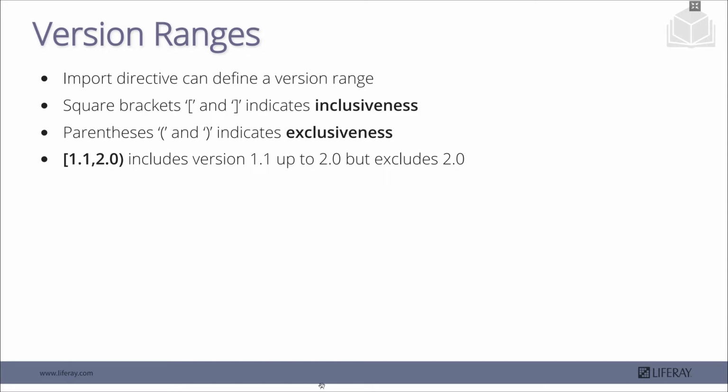For example, on the last bullet point, the bracket followed by 1.1 says I can use version 1.1. It is included all the way up to 2.0. Since we see the parenthesis at the end, it's up to 2.0, but 2.0 is excluded.